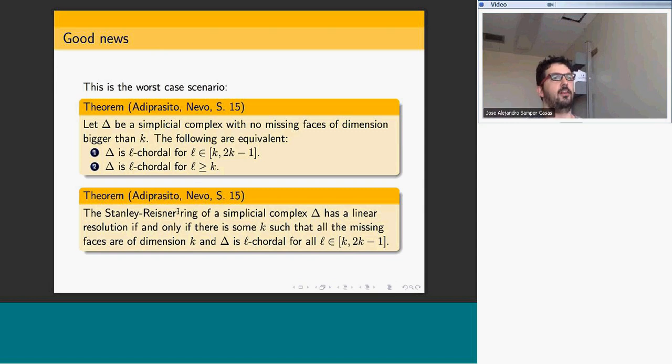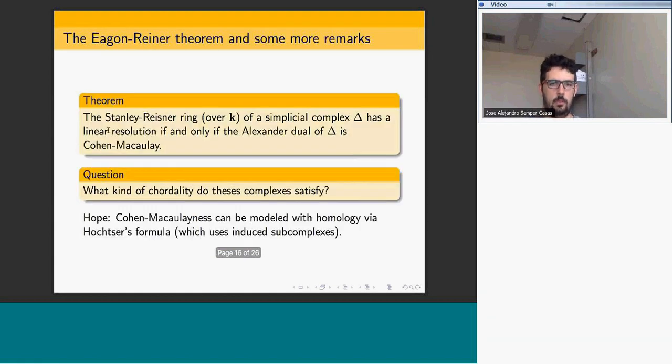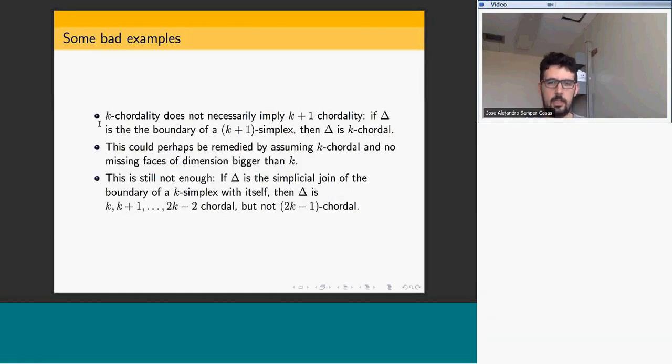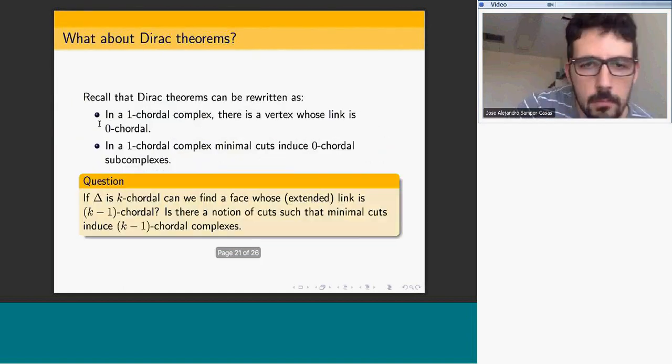However, some good news: those are the only obstructions. So this theorem here is what happens with chordal graphs, and a generalization of this phenomenon: in the clique complex of a graph, one chordality implies all the other kinds of chordality.